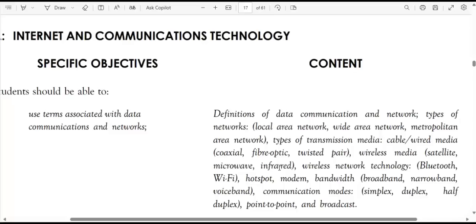Examples of use: global TV broadcasting, satellite TV, internet services in remote areas, and also the GPS navigation system.